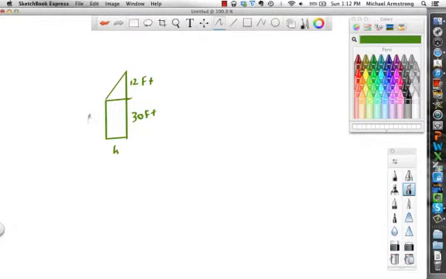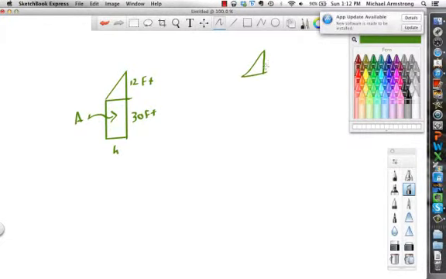So I'm going to find H first. I already know the area, but I'm going to find H. Once I know the H, then I can find the area of the triangle using H and 12. So it's kind of 2 steps. We start with this rectangle first, which is 495 square feet.